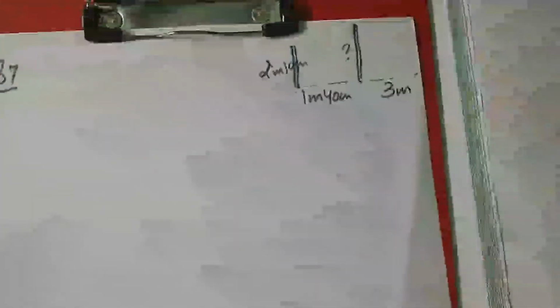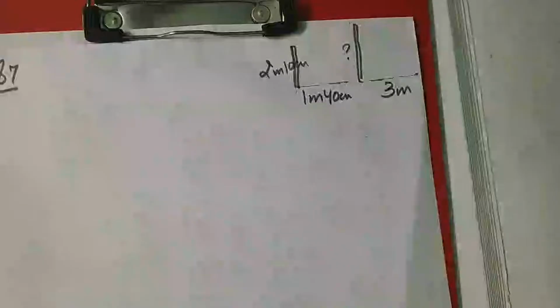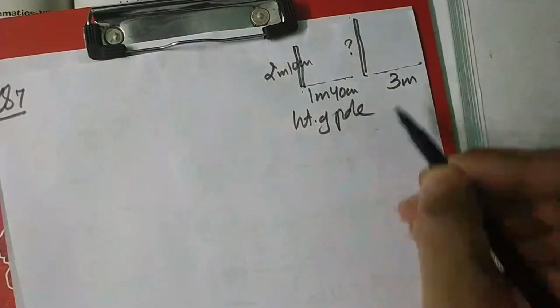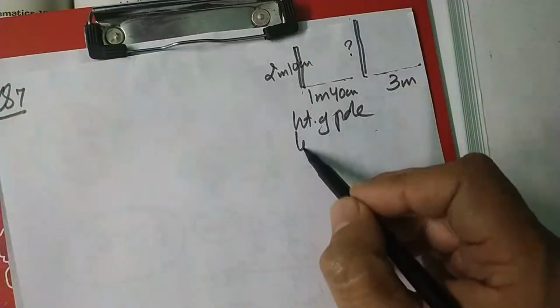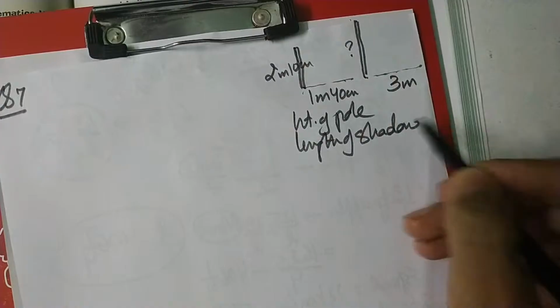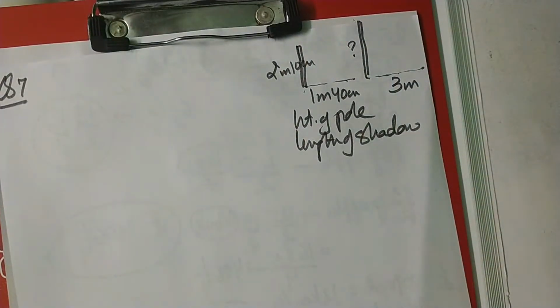It means first you have to decide what are the two things in this question. The two things are, first is height of pole and the second is length of shadow. Now I want you to see, do you have to find height of pole or you have to find length of shadow? So read the question.